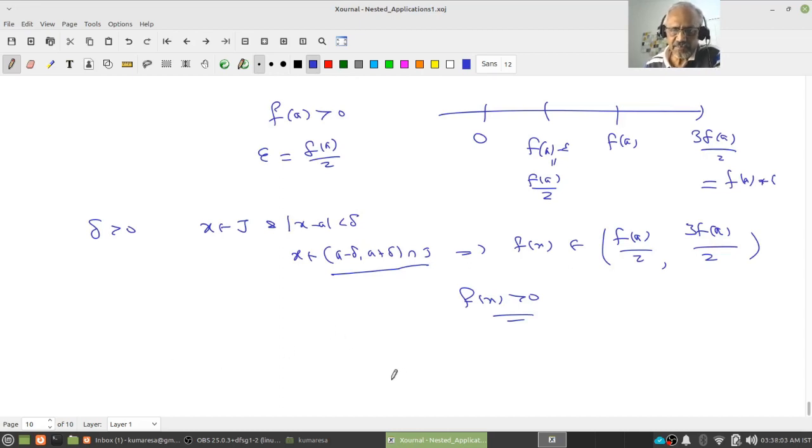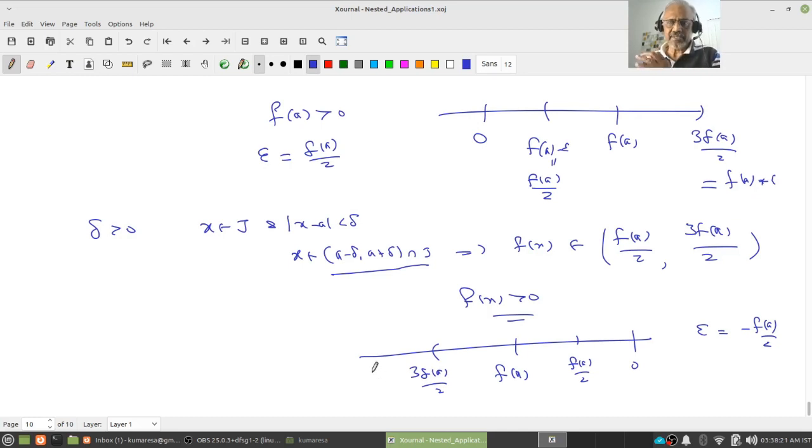So similarly, if F of A is negative, I can take epsilon as minus F of A by 2, then F of A plus epsilon will be F of A by 2, and the lower end will be 3 F of A by 2, and you carry out the same analysis. So what have we shown?